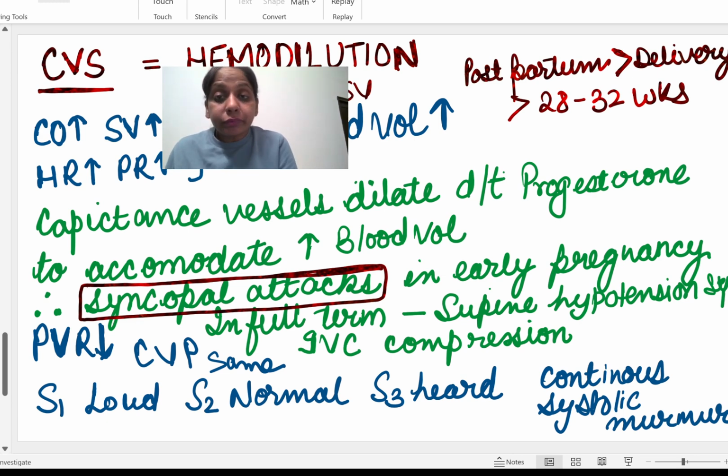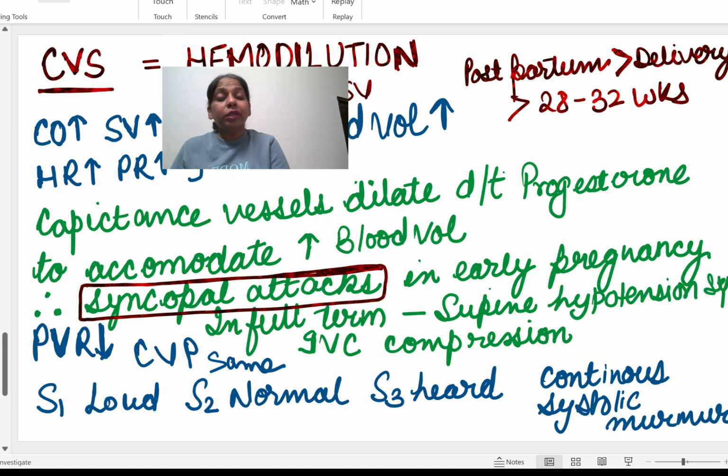And postpartum and during the delivery there is a much more increase in the cardiac output as compared to the antenatal period, because in delivery a lot of contractions are there.